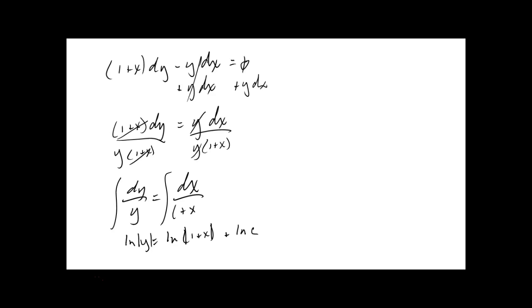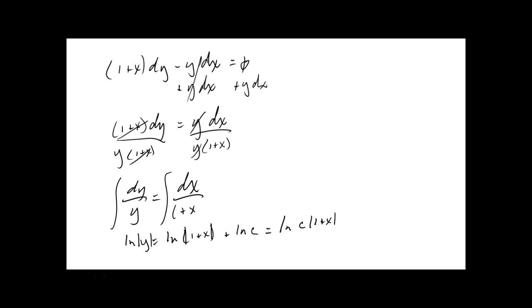Now, because this is the sum of two logs, that's the same as the log of the product, c times absolute value 1 plus x. I don't know if you remember that, but the sum of two logs is the log of the product.